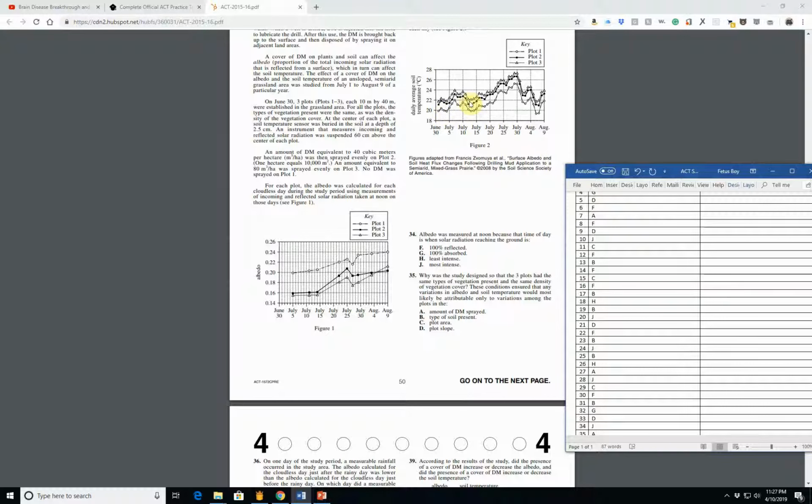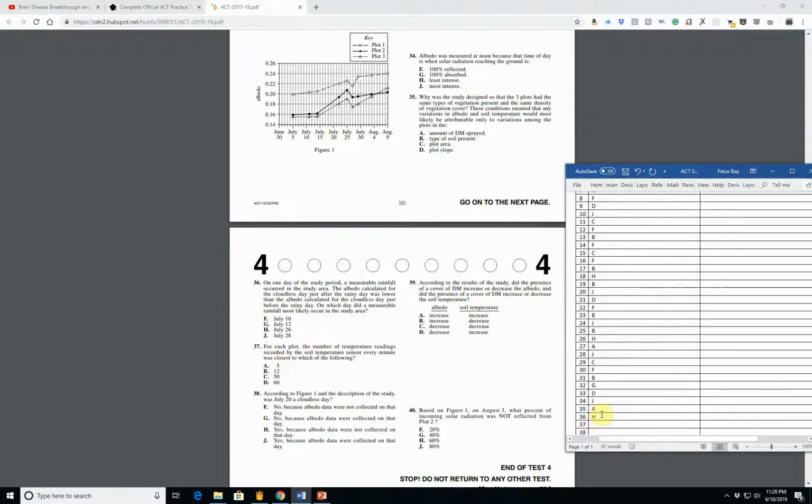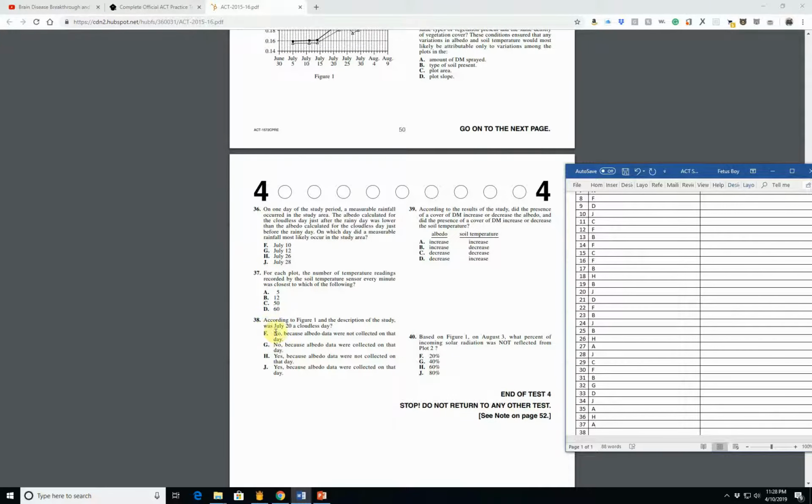Okay, it looks like 5, 1, 2, 3, 4, 5, 1, 2, 3, 4, 5. Okay, I'll go with 5. Oh, yeah, the answer choices aren't even close to each other. Yeah, it's 5. If I knew the other answer choices were that far apart, I wouldn't have bothered to count. Okay, at least. Alright, 38.